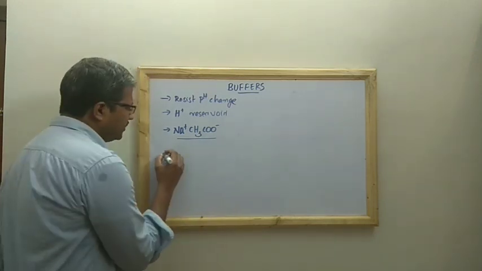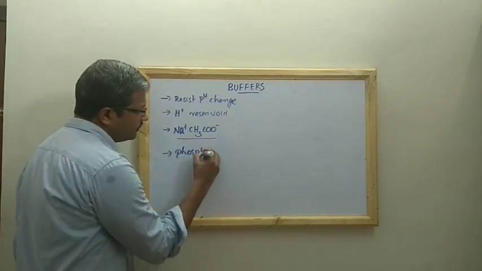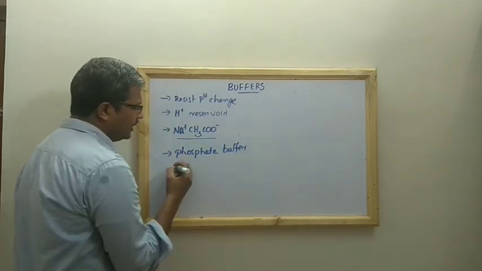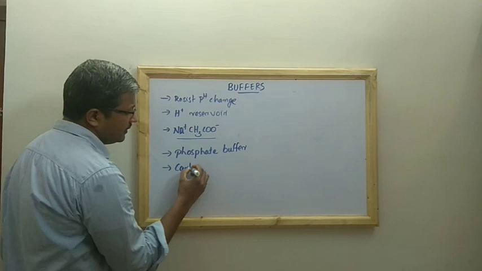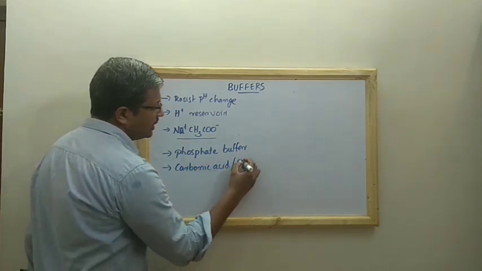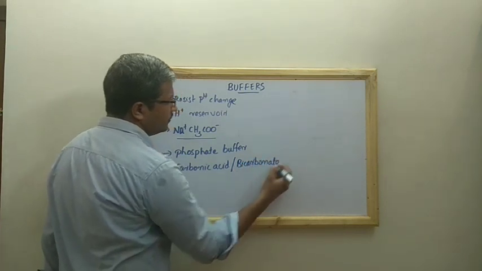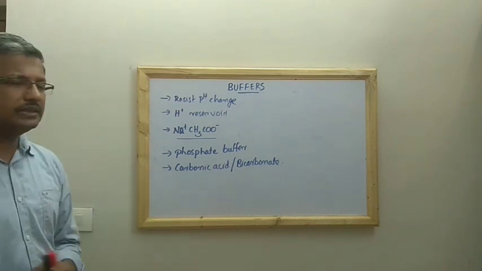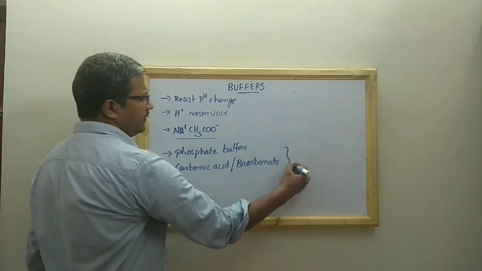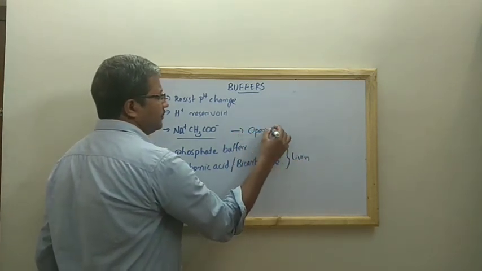And in the living system, there is the phosphate buffer, and there is the carbonic acid or bicarbonate ion buffer. So these two are in the living system, and this can be in the open system.